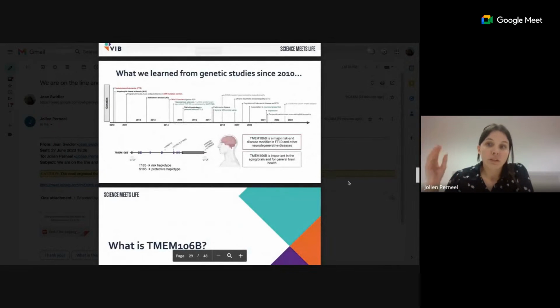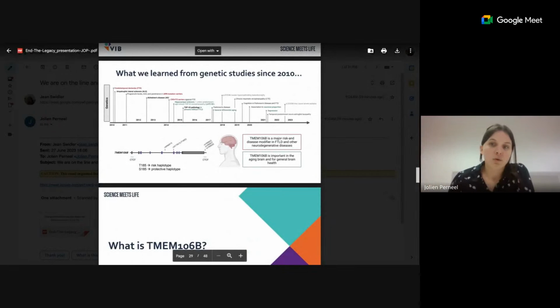So what followed after the discovery was a decade worth of genetic studies. And if we summarize these, actually TMEM106B is associated with many neurodegenerative diseases, including Alzheimer's disease, but also Parkinson's disease. And we also established a role of it in mental health and healthy aging in general.